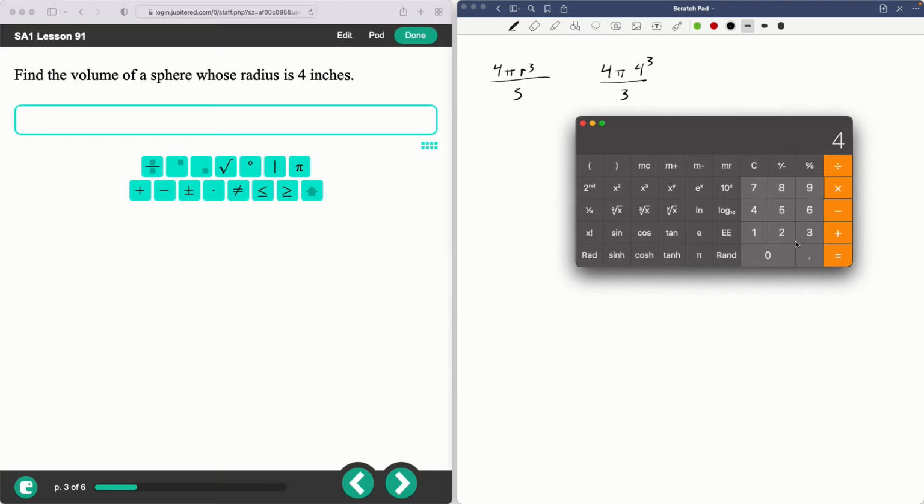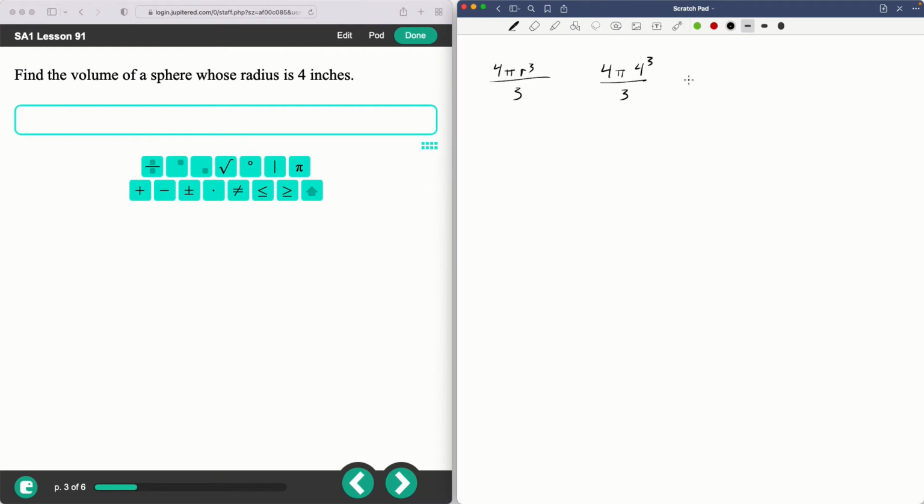Times 4 is 256. So 256 pi is the top number here. I'm going to divide that by 3. 85.33 is what I'll stop at. So that is going to equal 85.33 pi inches cubed.